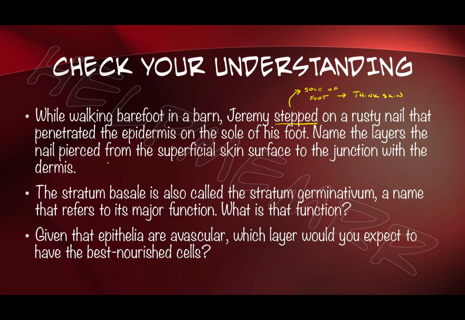If it's thick skin, that means there should be 5 layers. So your answer is: come, let's get sunburnt. Stratum corneum, then stratum lucidum, then stratum granulosum, then stratum spinosum, stratum basale.